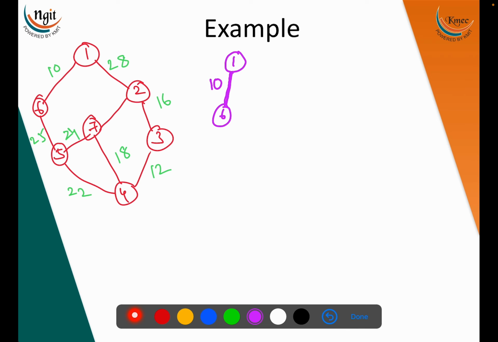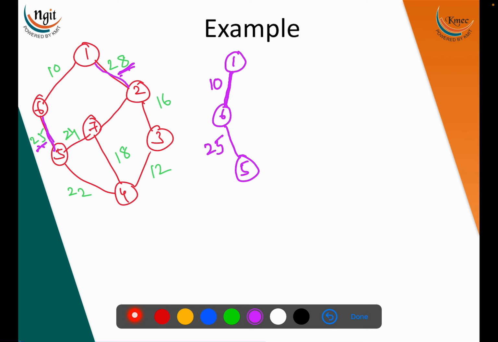Now find out what edge is available with 1, what edge is available with 6. Once you found the edges of 6 and 1, you have to compare these two costs. Whichever cost is minimum, that edge will be considered. So now the 6 to 5 edge will be considered, which is 25.